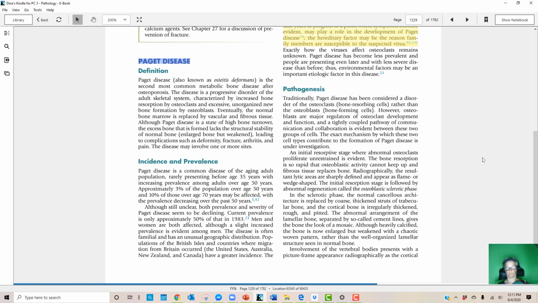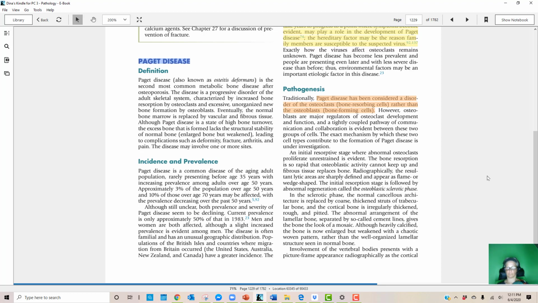Pathogenesis. Traditionally, Paget's disease has been considered a disorder of the osteoclasts, bone-resorbing cells, rather than the osteoblasts, bone-forming cells. However, osteoblasts are major regulators of osteoclast development and function, and a tightly coupled pathway of communication and collaboration is evident between these two groups of cells.